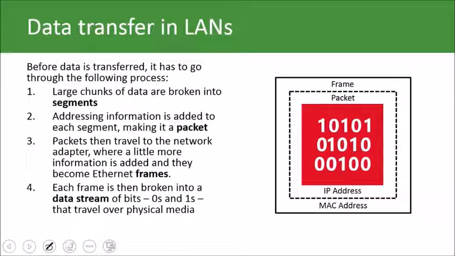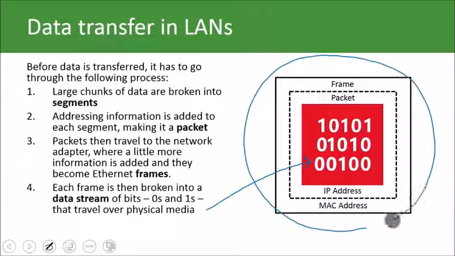Then each frame is broken into the bits that we see on the screen. This visual might be a little confusing, but just know that data is ultimately represented in bits before it's transmitted across a network. So this whole thing ends up taking this form, and then it's transferred over a physical medium in binary.